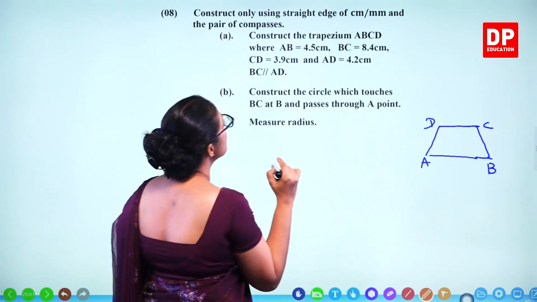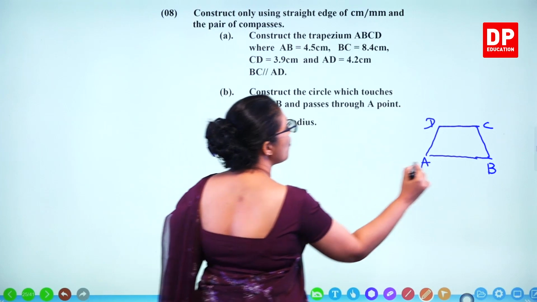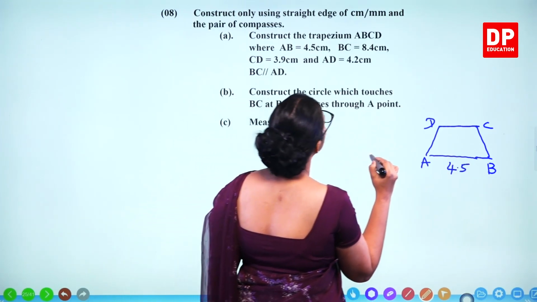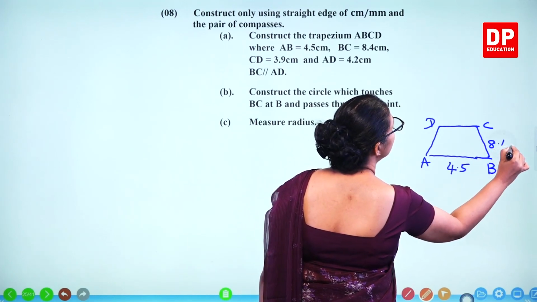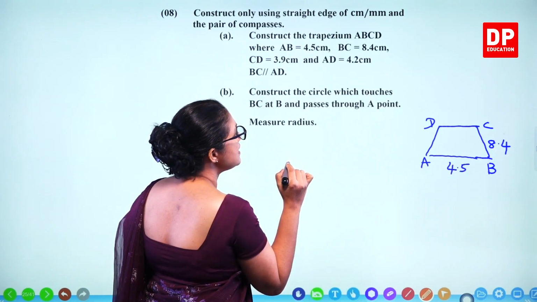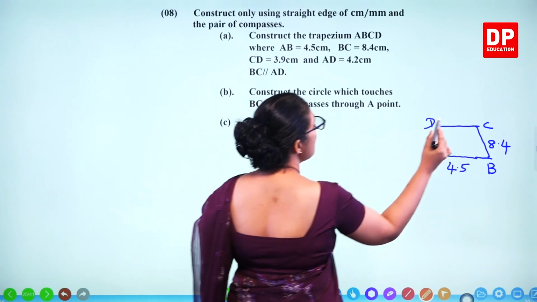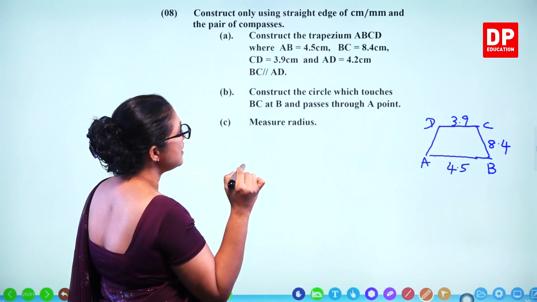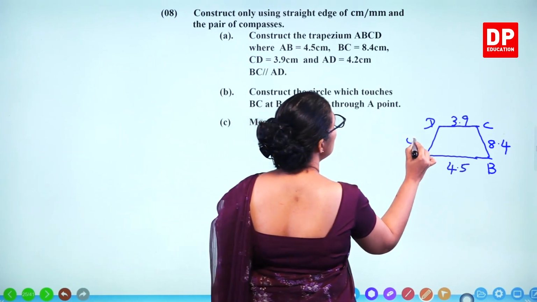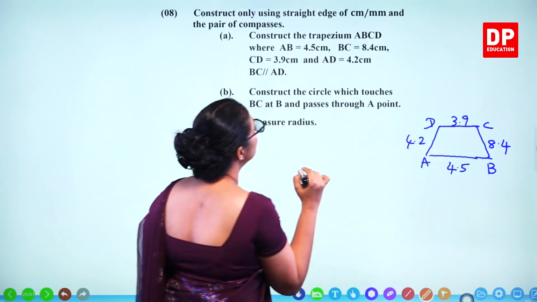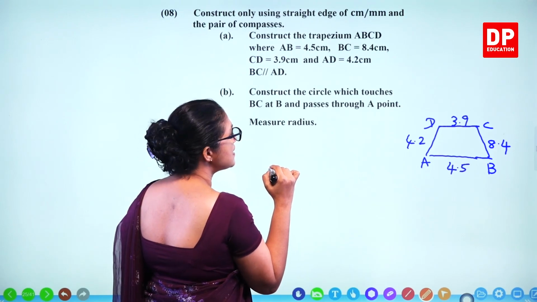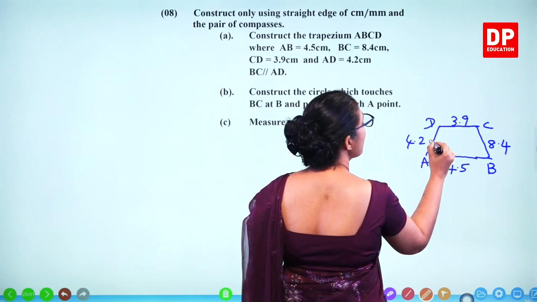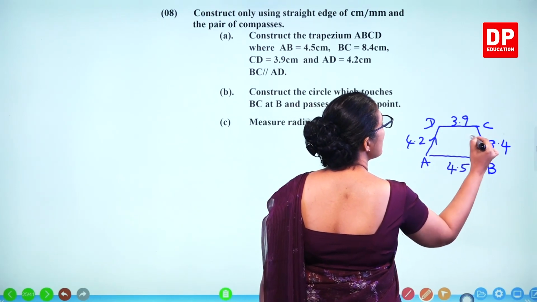ABCD is a trapezium where AB is 4.5, BC 8.4, CD 3.9 and AD 4.2. BC is parallel to AD. So these two lines are parallel.